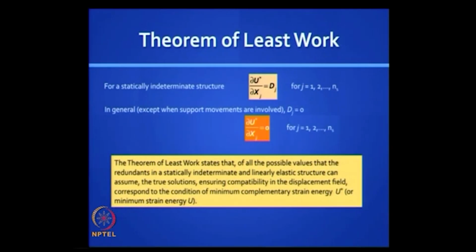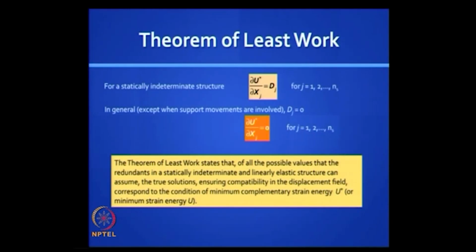We covered the theorem of least work in the previous class, and you are familiar with this. The first equation, ∂U*/∂Xj = Dj, is Castigliano's second theorem, and usually Dj will turn out to be 0, okay, and if it is so, then you can interpret this also as a minimization of the complementary strain energy in the structure.